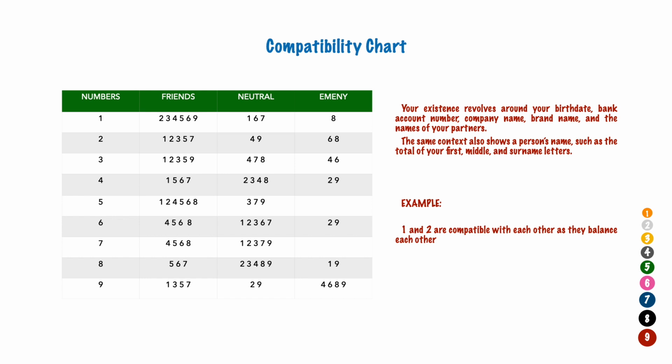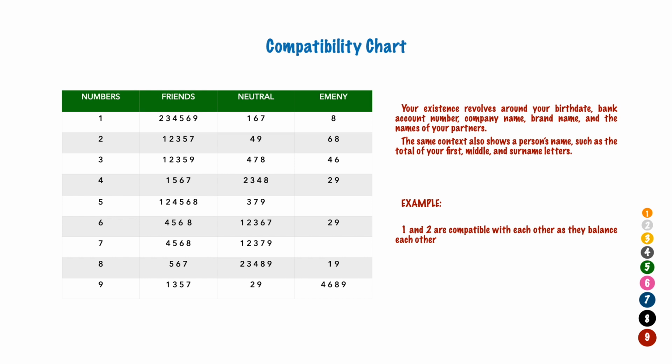We have numbers, their friends, who they are neutral to, and where they are not compatible, so called enemy numbers. Okay, friends numbers, neutral and enemy numbers.